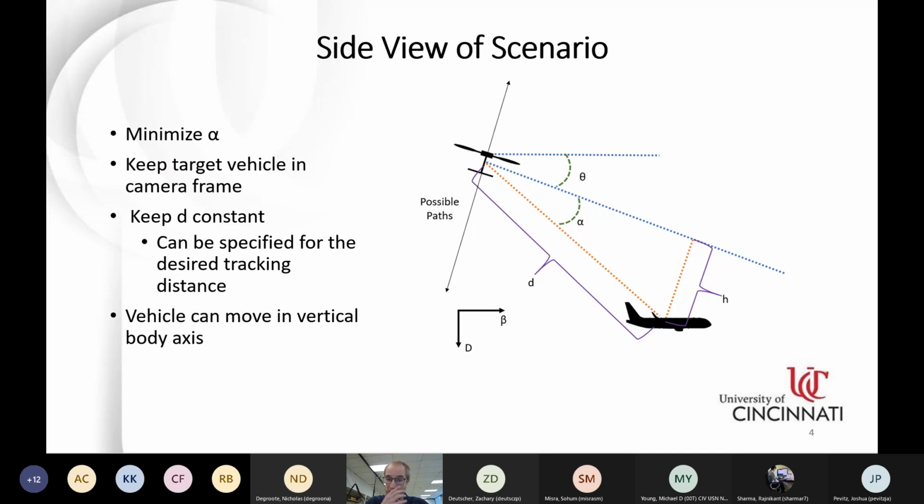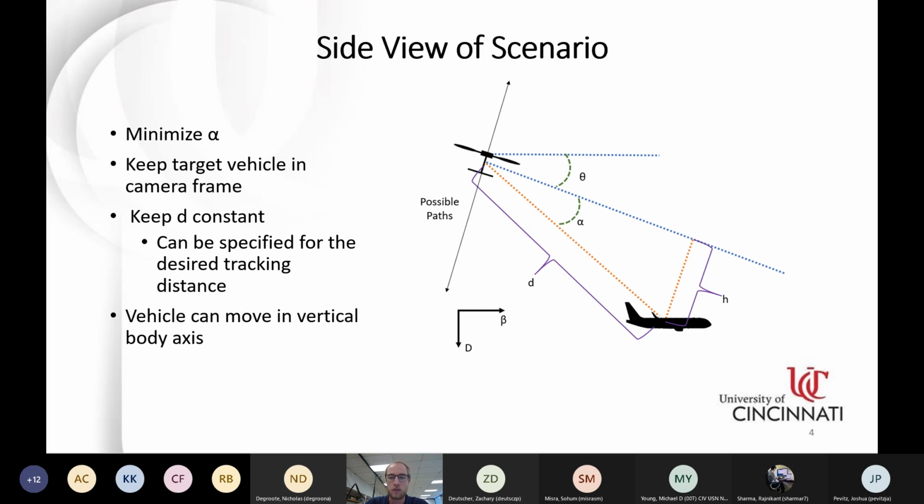If we look at the side view here, looking to the right is along the beta direction, and then we also have the down direction. We have the state of the quadrotor being theta, the pitch angle, and then we also have alpha, which is the relative elevation angle between the chase vehicle and the target vehicle.